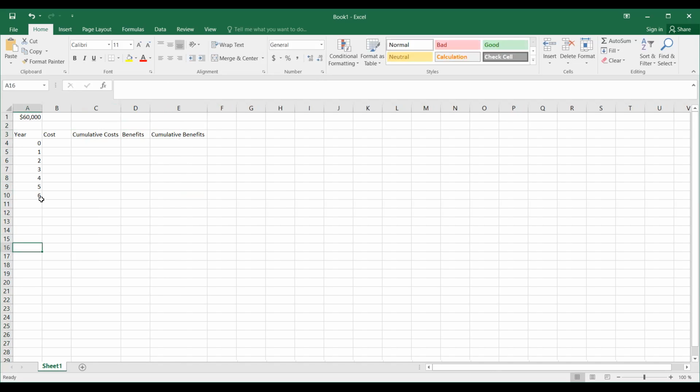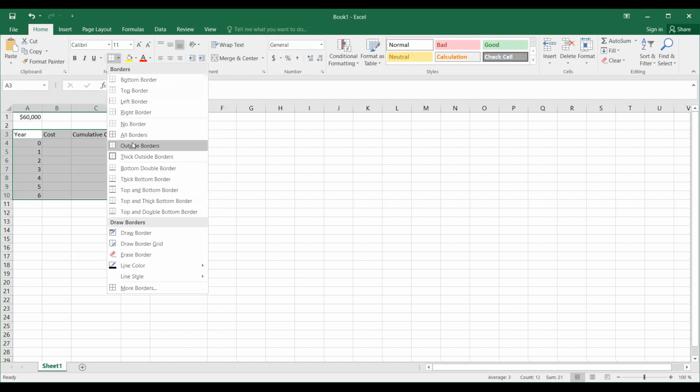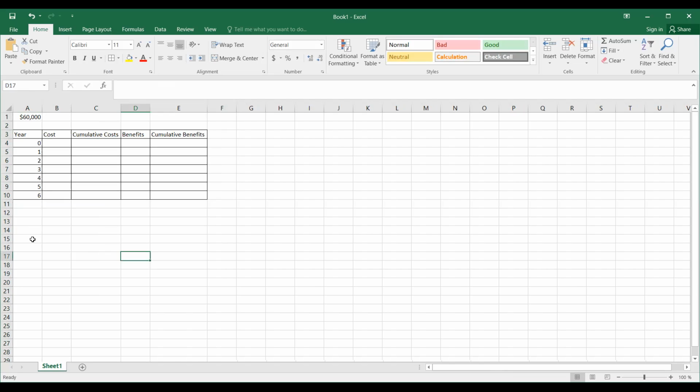Okay, now here's the thing, we'll have the table done. Before we get the table done, we always need to know this. Okay, payback period is determined when your cumulative benefits equal cumulative costs.